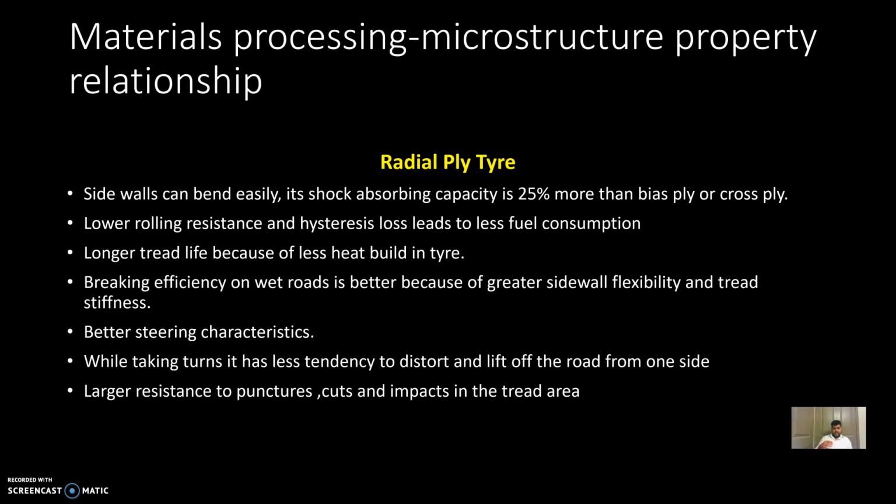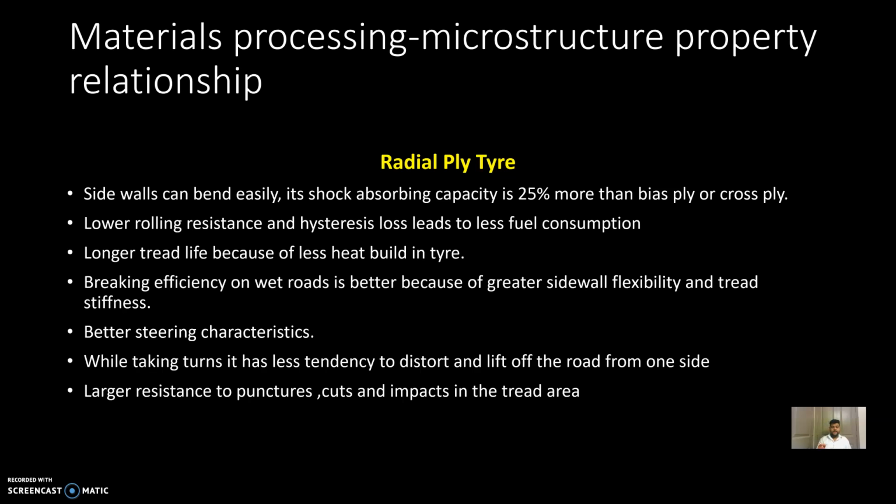Also, it has a lower rolling resistance, and hysteresis loss leads to less fuel consumption. It also has a longer tread life because of less heat buildup in the tire. Braking efficiency on wet roads is better because of the great sidewall flexibility and tread stiffness.